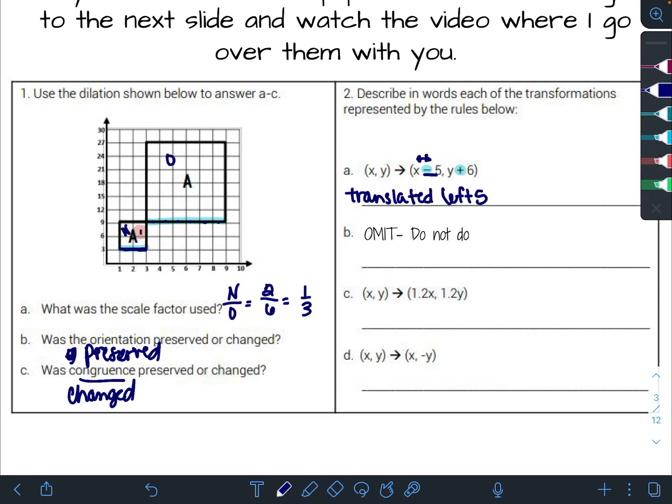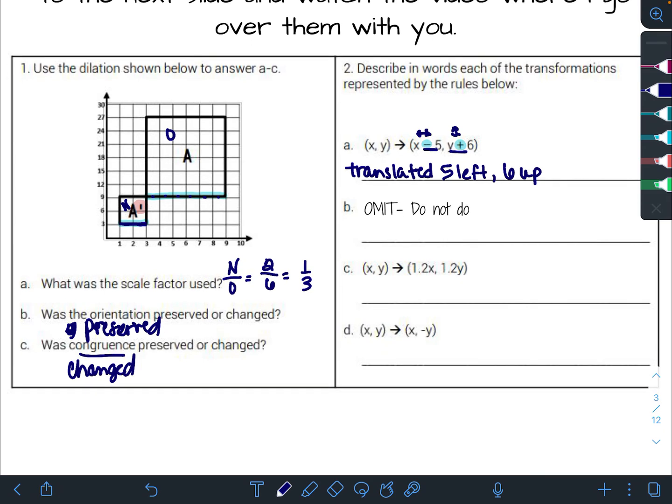That left looks really rough, it looks like a 6, but it basically went 5 left. When I'm dealing with my y, that means I'm going up or down. Since I'm adding, I'm going to go up. So it went 6 up. We're not going to worry about that rotation.